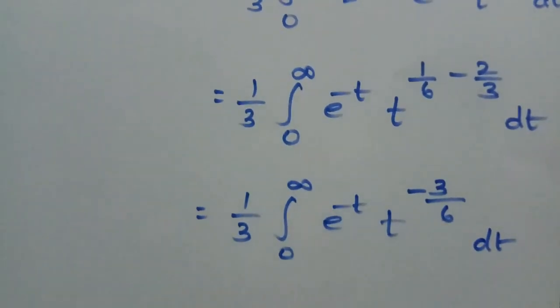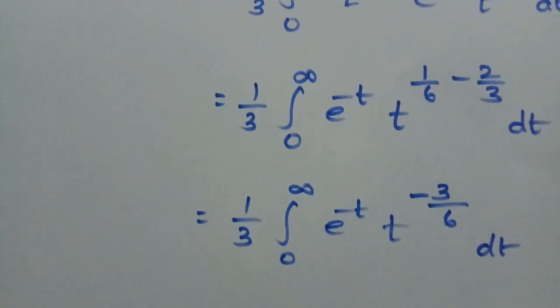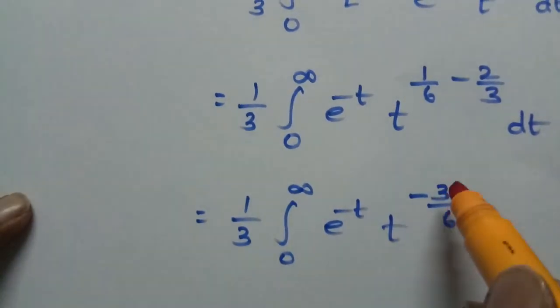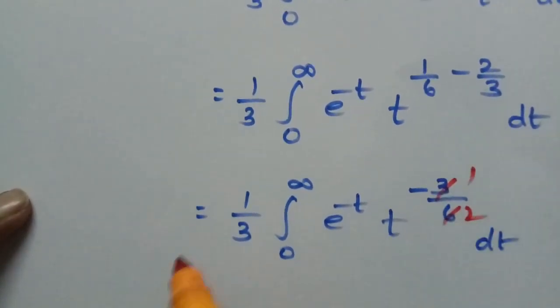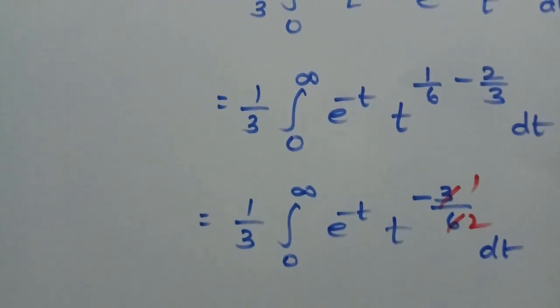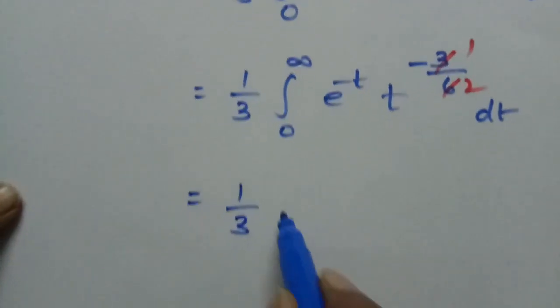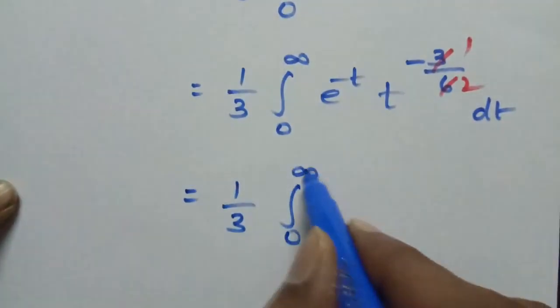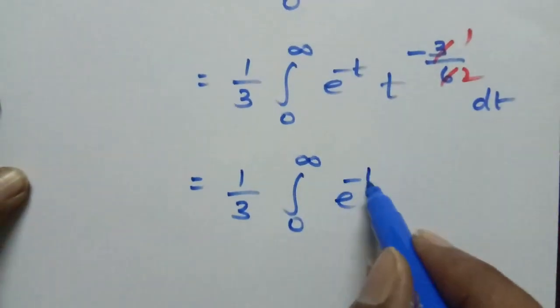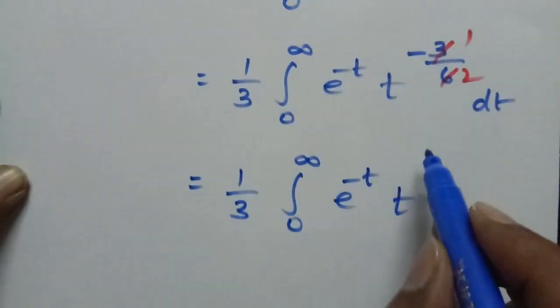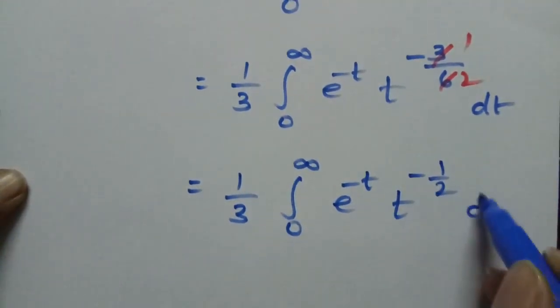Therefore 3 ones, 3 twos. Therefore this is equal to 1 by 3 times integral 0 to infinity e power minus t into t to the power of minus 1 by 2 dt.